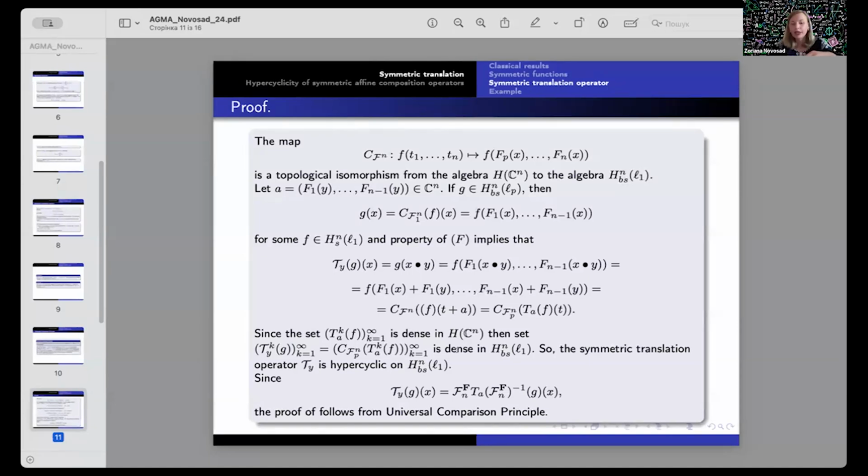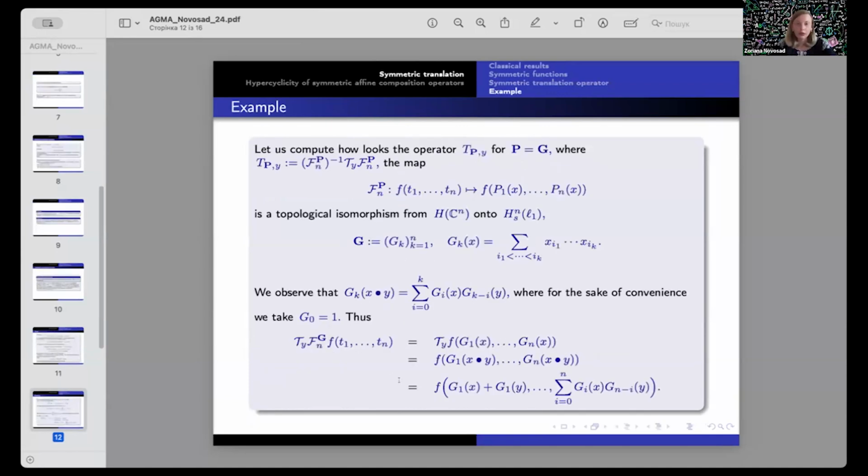And so we can state that the symmetric translation operator T_y is hypercyclic on the algebra of symmetric functions which are bounded. So we can see that the operator T_y is represented by the other operator from the universal comparison principle. So we can state that our operator T_y is hypercyclic.